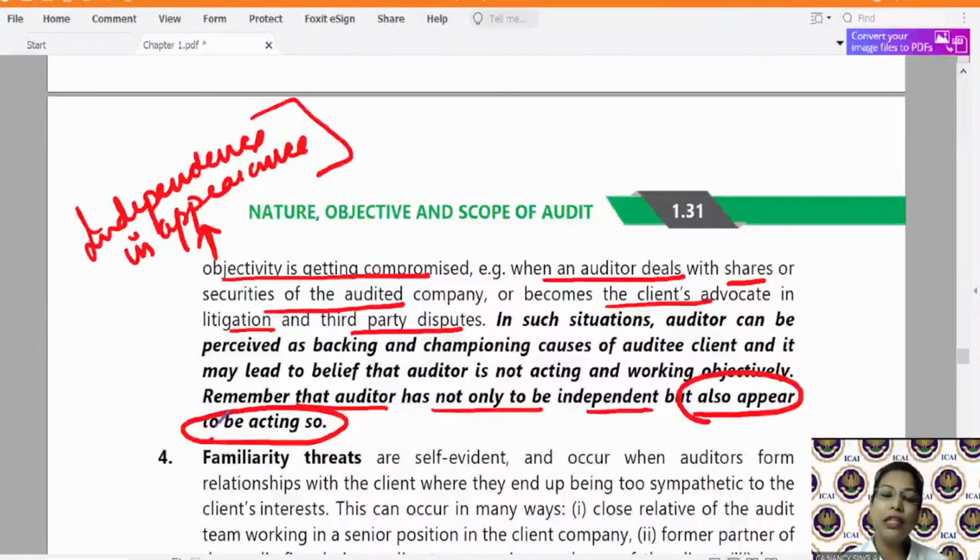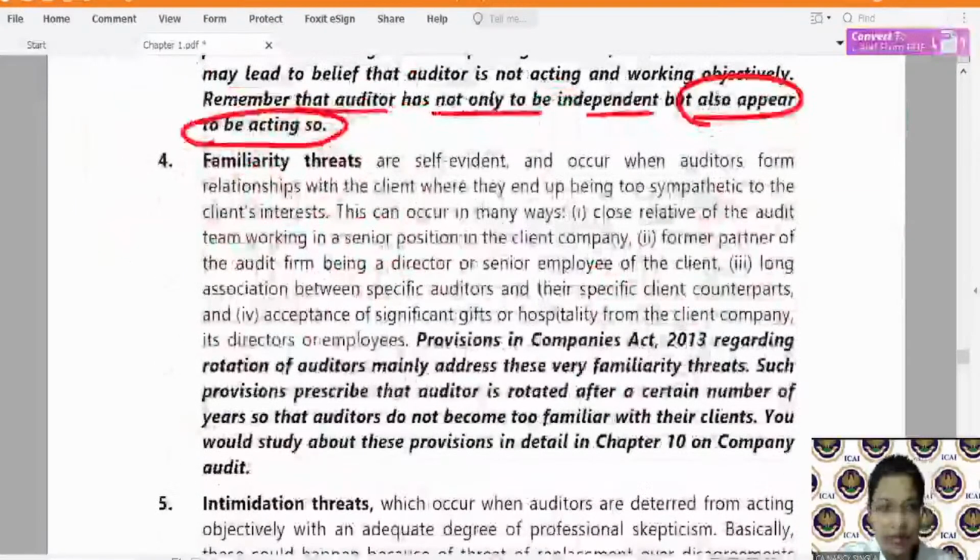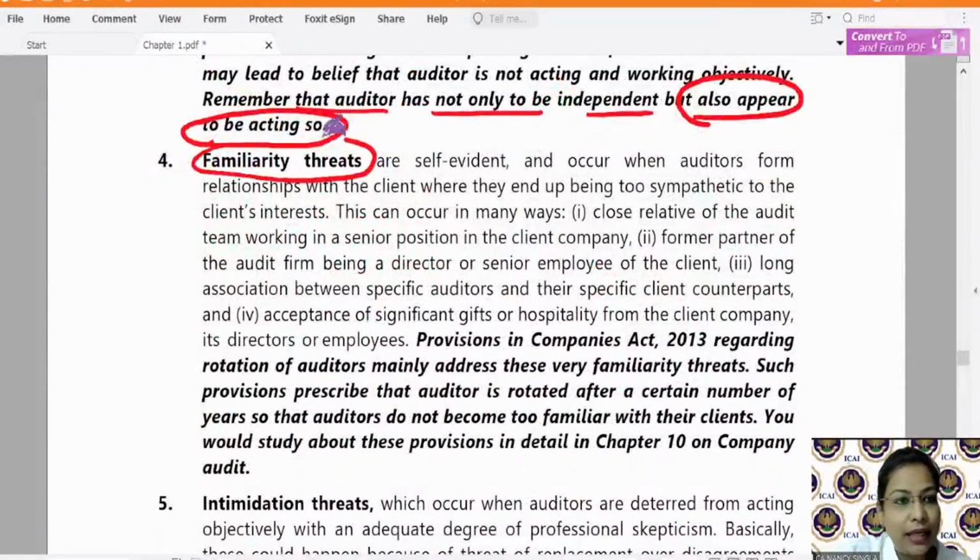Clear? So we have done three kinds of threats: self-interest threats, self-review threats, and advocacy threat. Now the next one is what? Familiarity threat. When the client and the audit firm have been familiar for a number of years such that the auditor becomes too sympathetic to the client's interest.